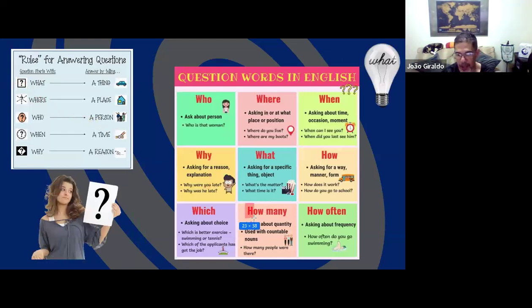Yes, it is. H and W. So WH questions, that's the official name people use. That is the reason the name is WH questions, WH words or WH structures, because it contains WH in your sentence. Okay? So very good.